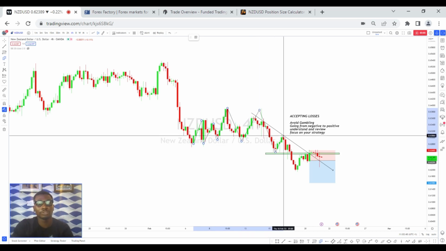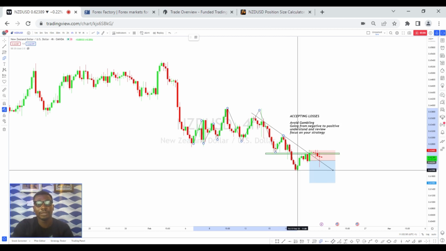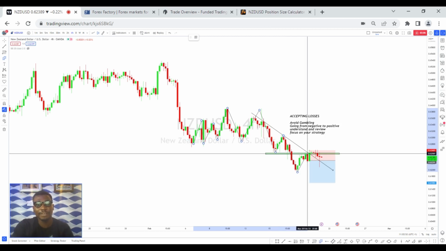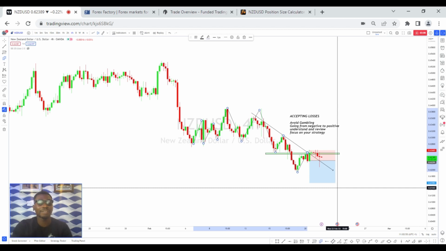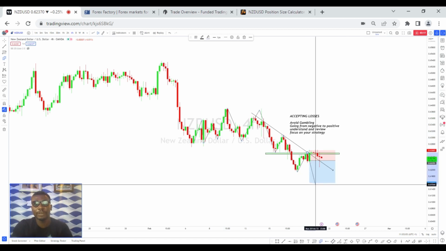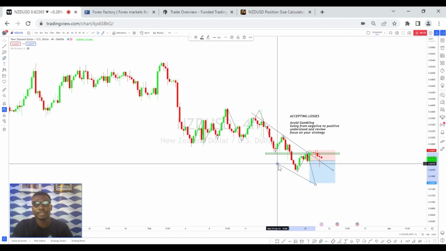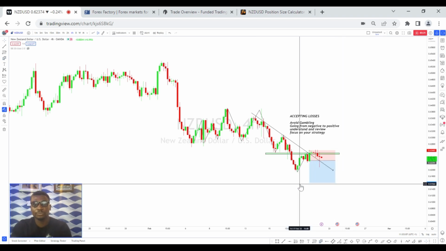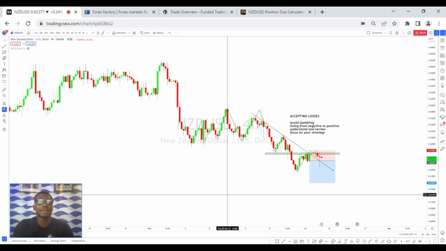We broke out of the structure, came down, and tested this very zone. So particularly, we were supposed to see a continuous push from here down to this point, in respect to a continuous downward trend in the market.